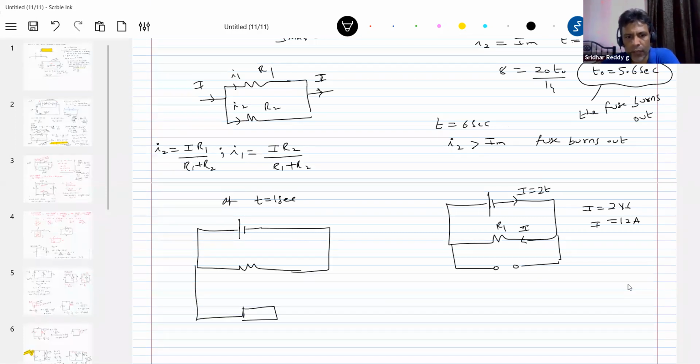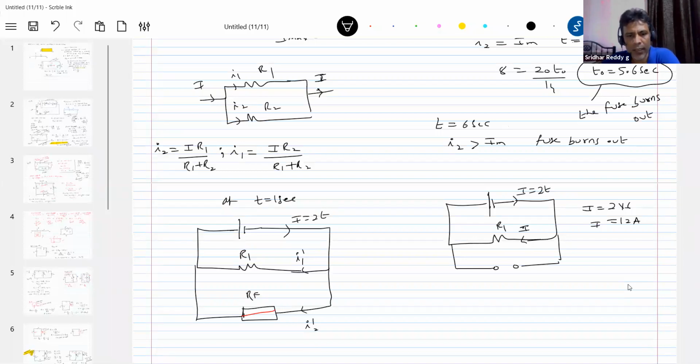Now what is the state of the fuse? Will it be there or will it burn out? At t equal to 1 second, the fuse will not burn out. So here the currents I1 dash and I2 dash will flow.